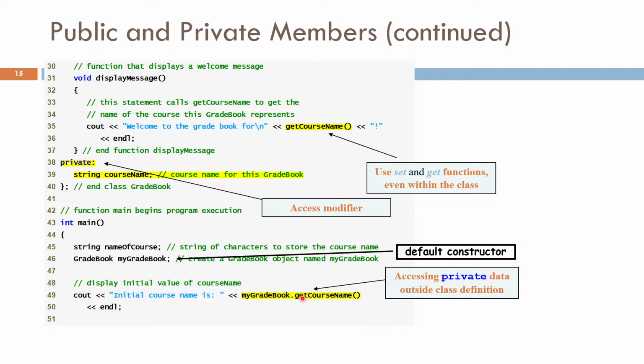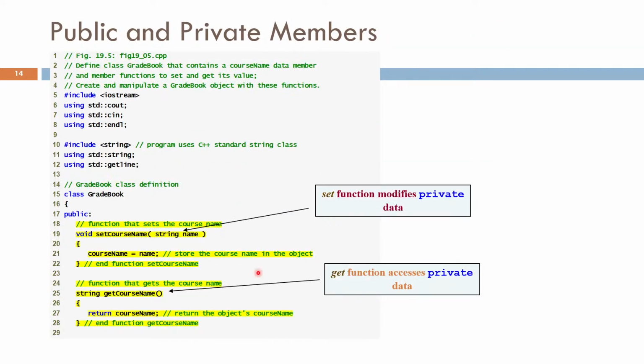So the myGradebook object has access to getCourseName. Go back one slide. This getCourseName is a public function within our class. Because it's within our class, it has access to the private member variable that is named courseName.